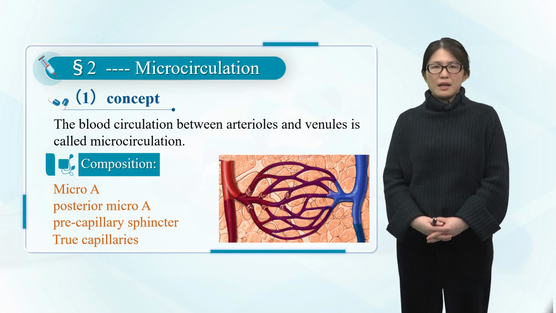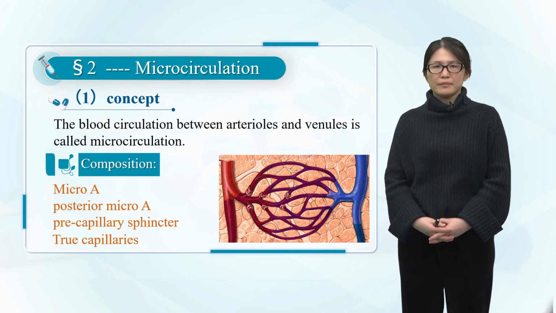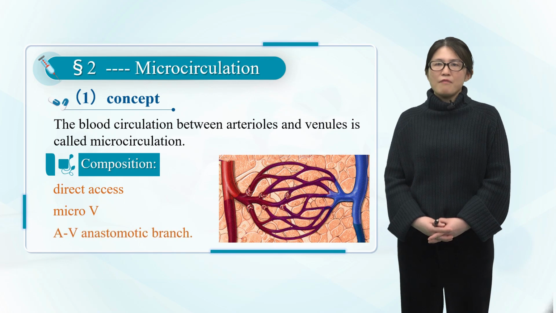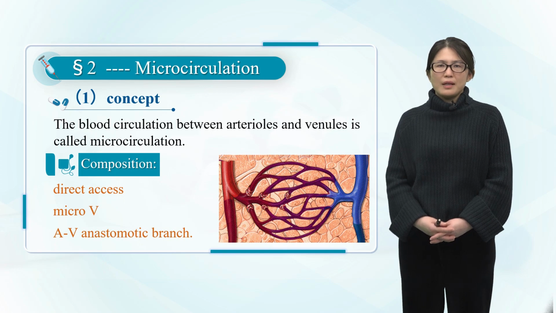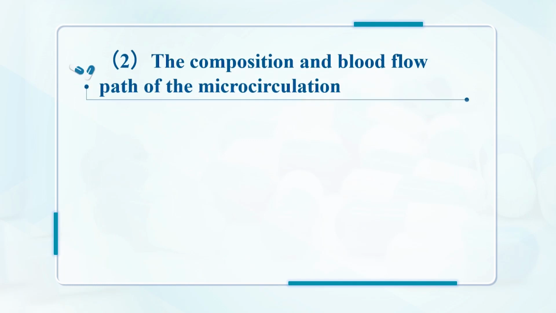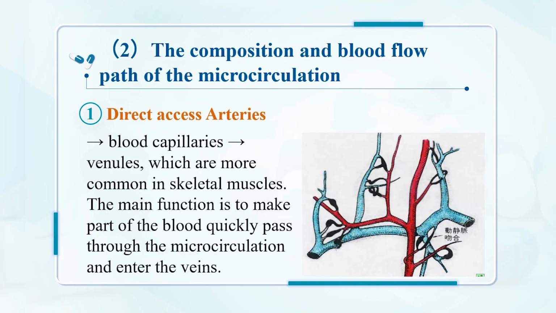arteriovenous anastomosis, and venules, etc. The structure and function of various organs and tissues in the body are different, so the composition is also different. The composition and blood flow paths of the microcirculation are: 1.